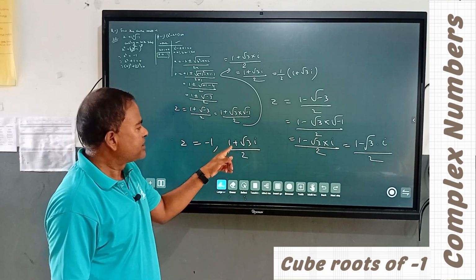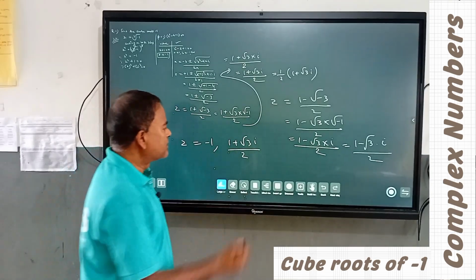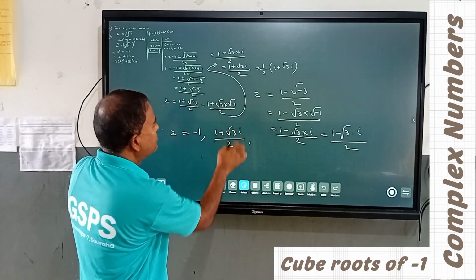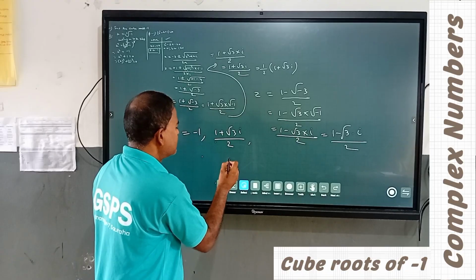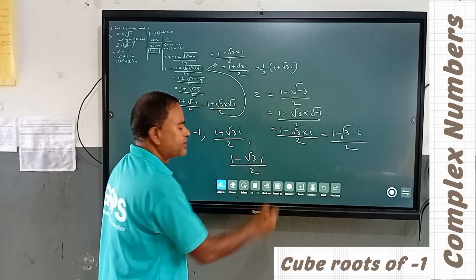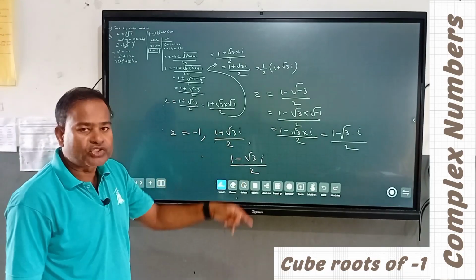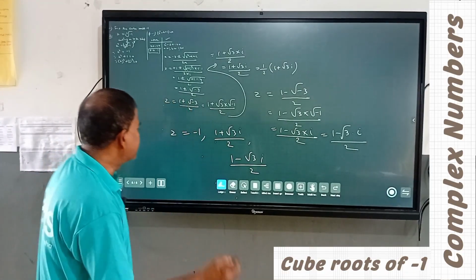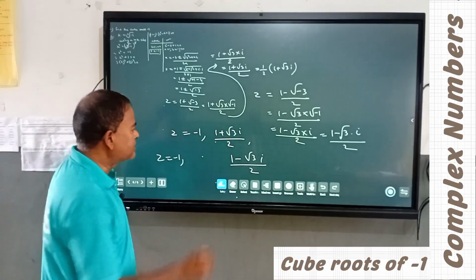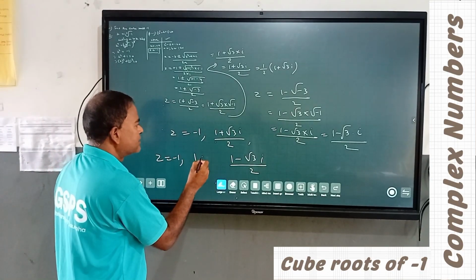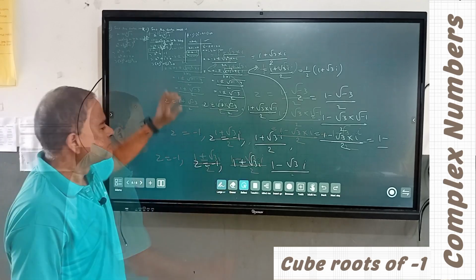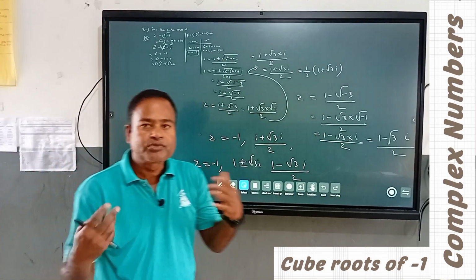The second cube root is 1 plus root 3i over 2, and the third is 1 minus root 3i divided by 2. Combining the last two complex roots, we can write z equals -1 as the first cube root, and the other two roots as 1 plus minus root 3i divided by 2. In this way we get the cube roots of -1.